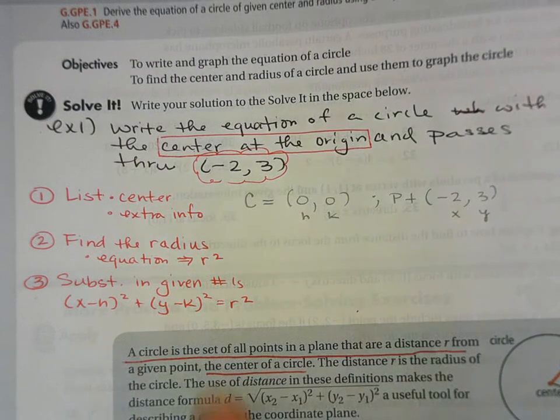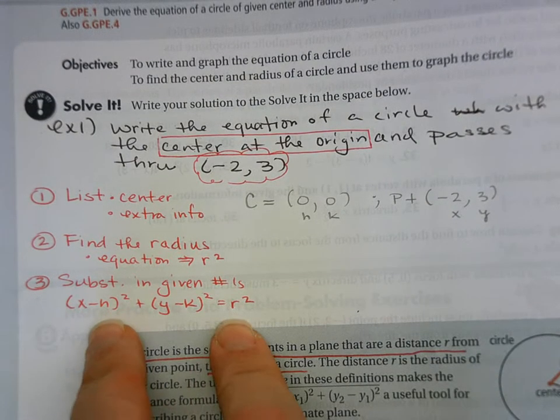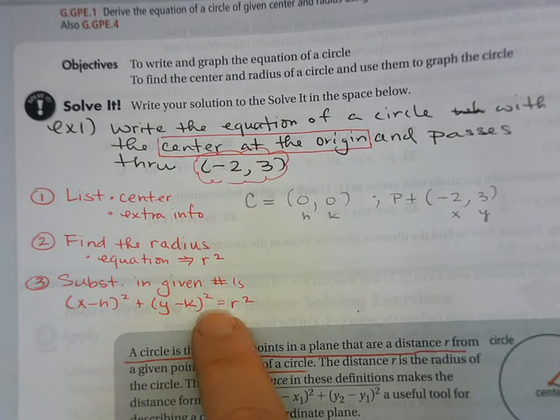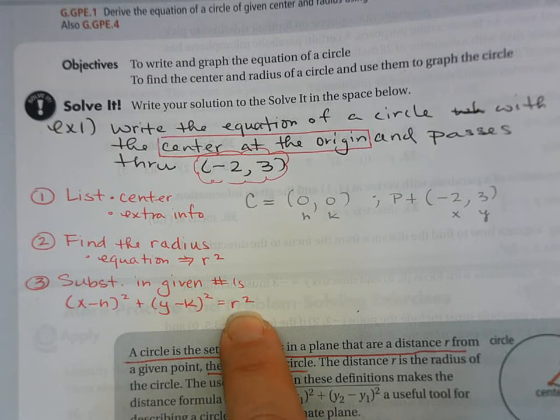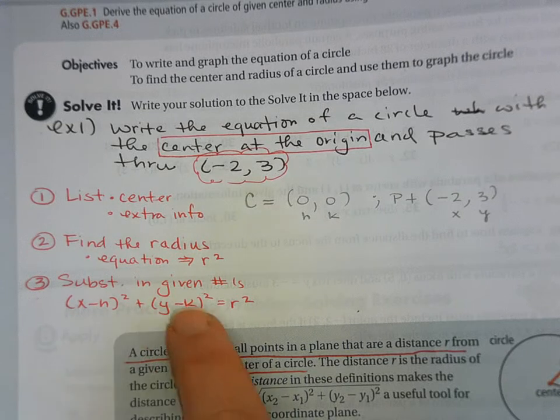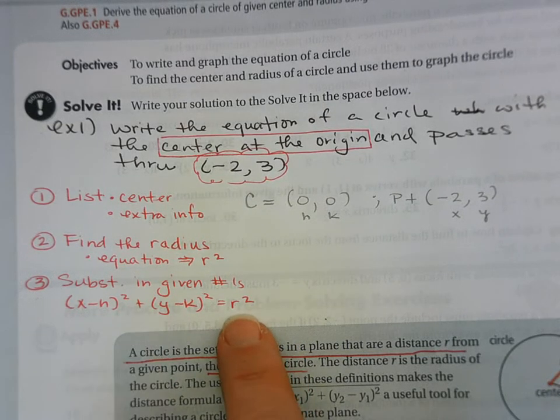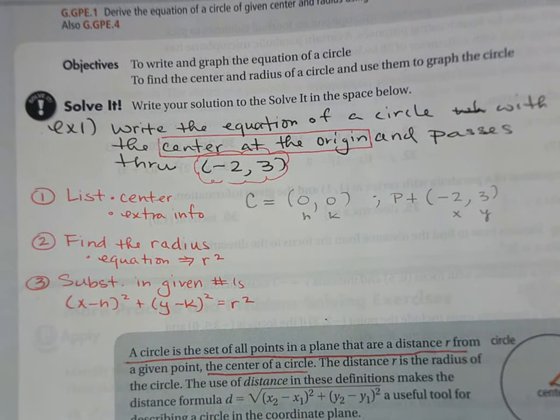So this is our distance formula, or Pythagorean theorem, a squared plus b squared equals c squared. And on our circle, change in x squared plus change in y squared equals r squared. In the distance formula, the only thing different is that r would be by itself, so we would square root both sides. But for circles, we don't do that.